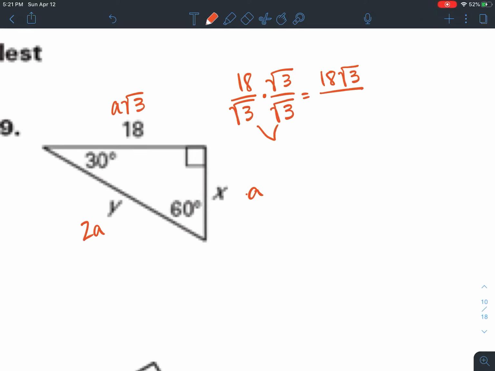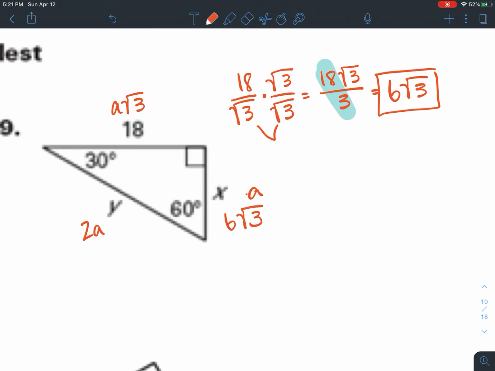And if I have root 3 times root 3, that 3 just leaves by itself. And once again, I can look at these outsiders here. 18 divided by 3 is 6. And I'm going to leave the square root of 3. So this is 6 square root 3.